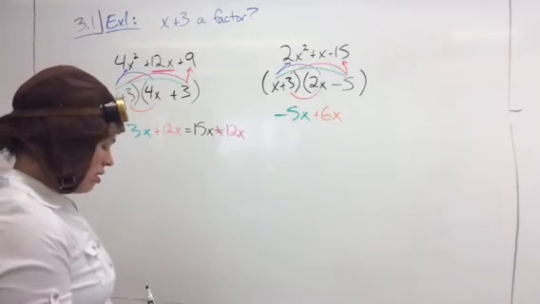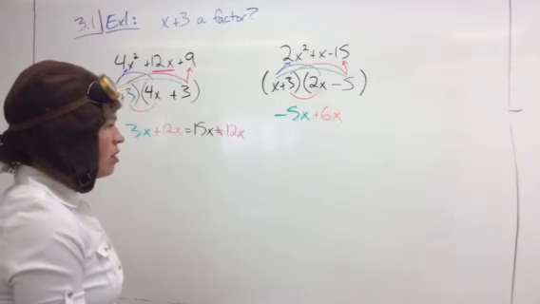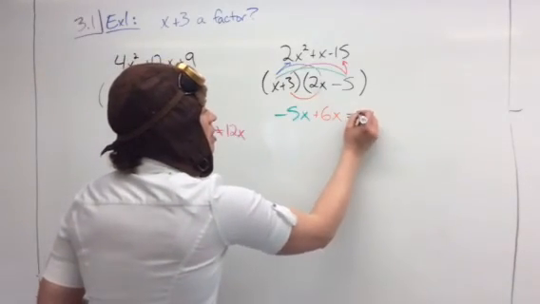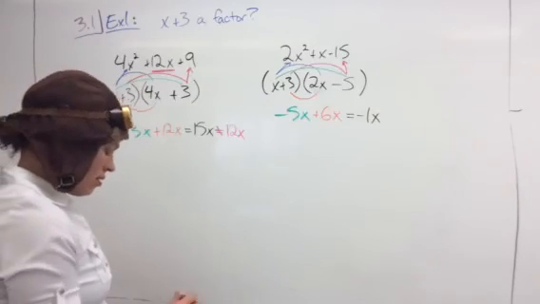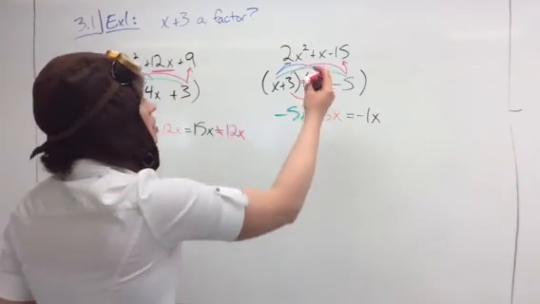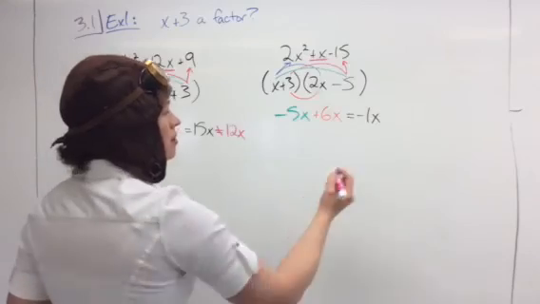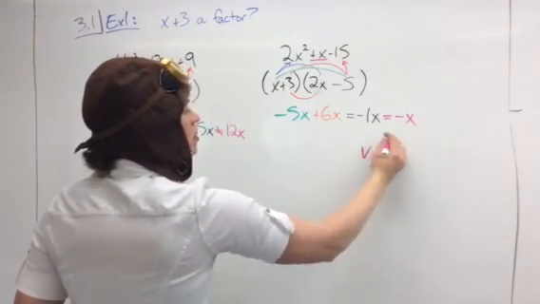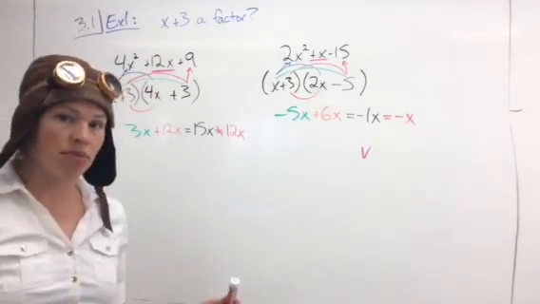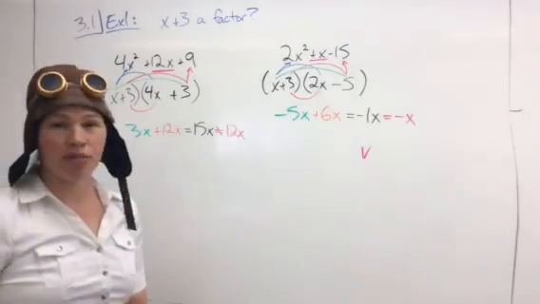So this whole thing is going to equal negative 1x or negative x. So I look here, does it equal negative x? Yes, it does. Check. So that means that x plus 3 is in fact a factor because it worked.